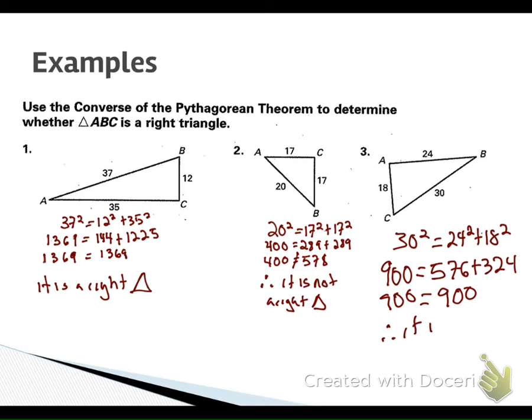Therefore, it is what? It is right. Okay, these are our three like this. So we are using that Pythagorean theorem. And if it verifies, then we know it's a right triangle. Do you guys have any questions on these three?